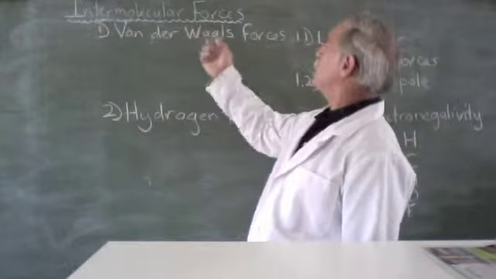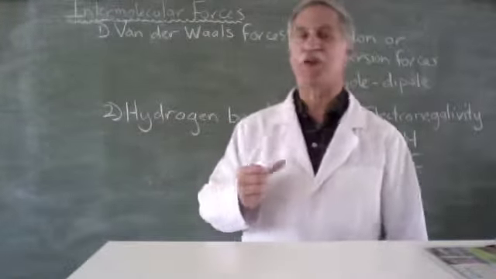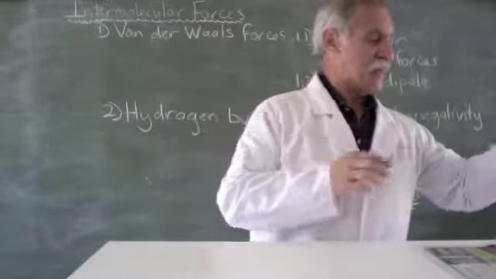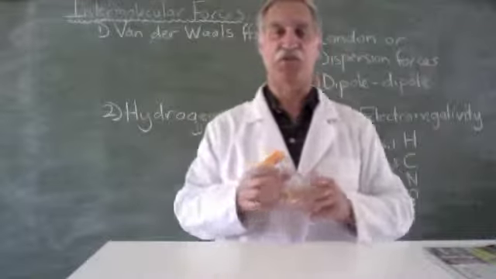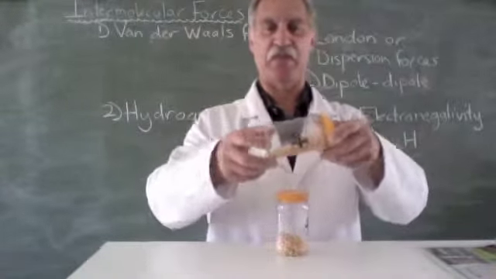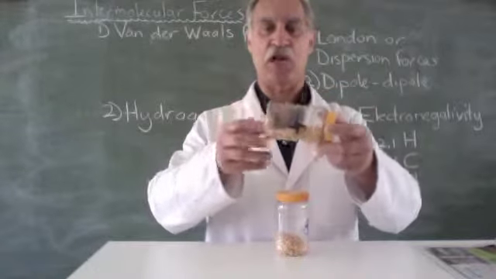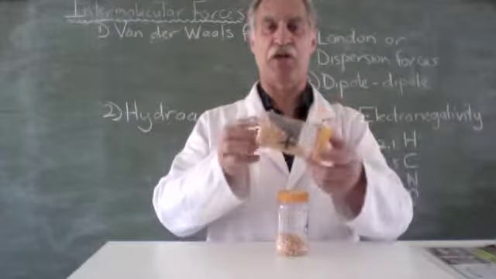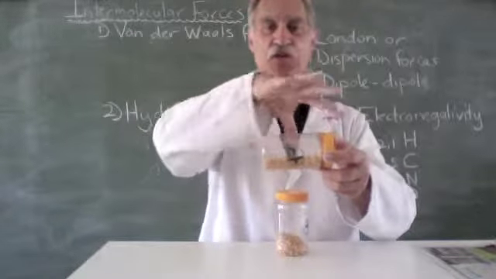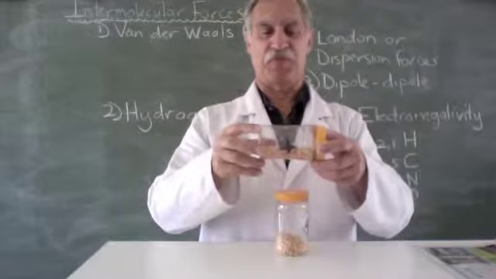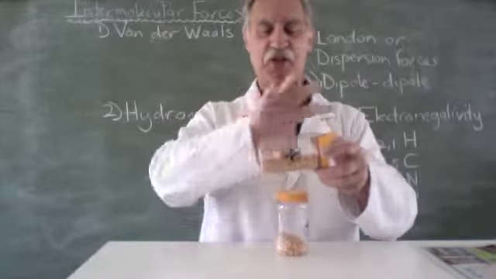But let us first examine what is meant by Thunderballs forces, and London forces in particular. Here we have, let us say, an atom, like a hydrogen atom. There's the nucleus, which is positive, and the popcorn inside this clear bottle. Let that represent the electrons in the bottle, the electron orbital or its shell, its energy level even.